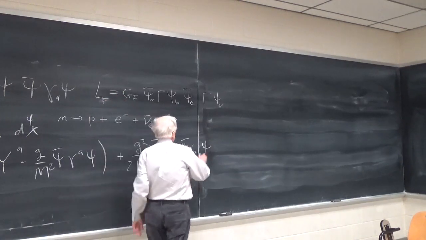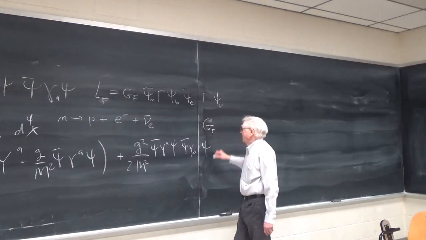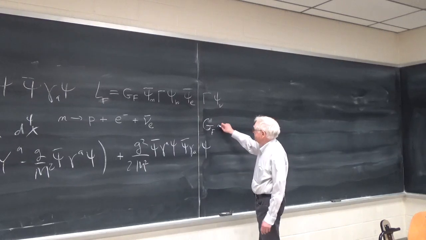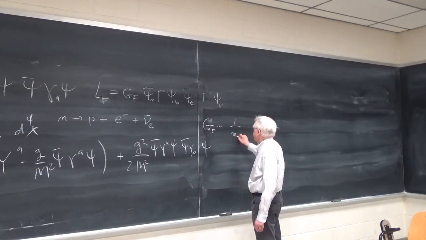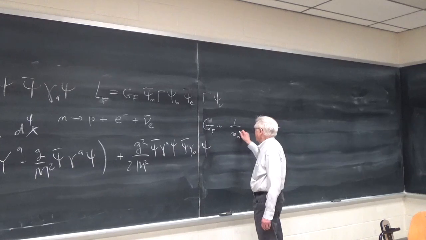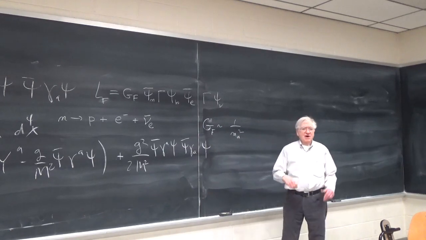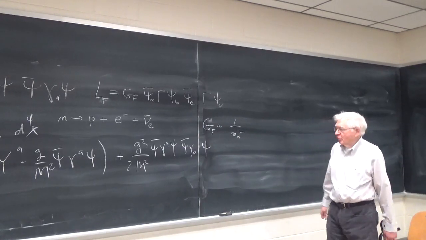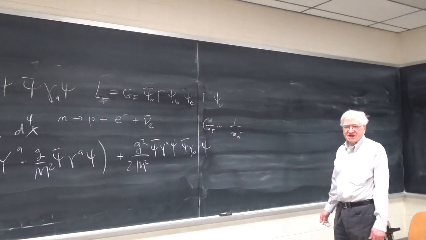And of course, G Fermi, well, I don't remember what it is, but it's essentially 1 over the mass of the W squared, apart from something of order 1 or 1/10 or 10.